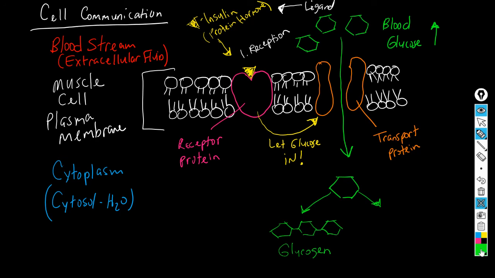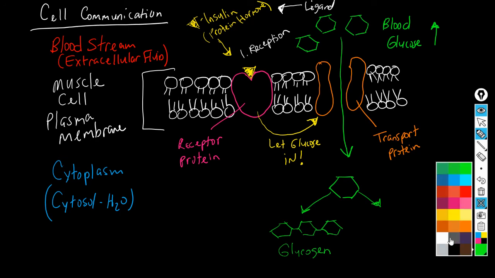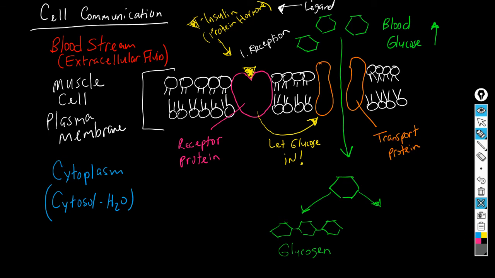But if the cell's energy requirements are not being met, then it can take a different path. And that glucose can be split in the cytoplasm. And again, that's called glycolysis. And then it can go into the mitochondria once it's split and goes through that process to ultimately produce energy in the form of ATP.